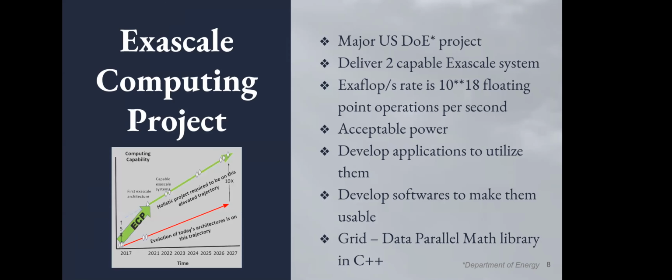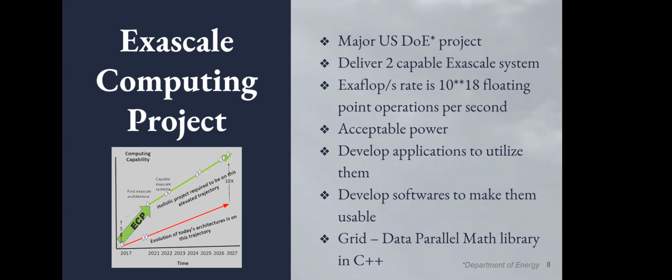Now, this work is part of the Exascale Computing Project, which is a major DOE project that aims to deliver 2 capable exascale systems by the year 2022. ECP works on a diverse set of applications, including code from chemistry, energy, physics, national security, etc. And most of this code uses OpenMP for parallelism, and work is already underway to use OpenMP for offloading GPU codes as well.